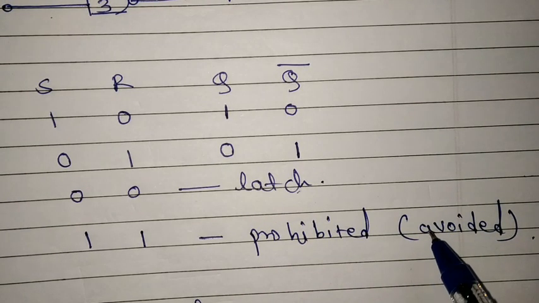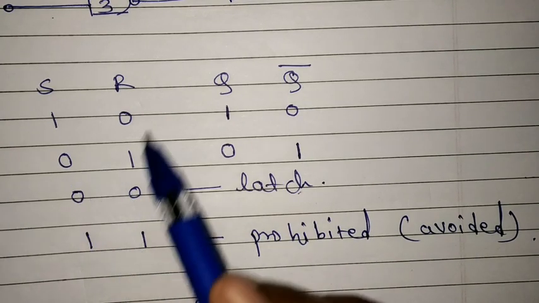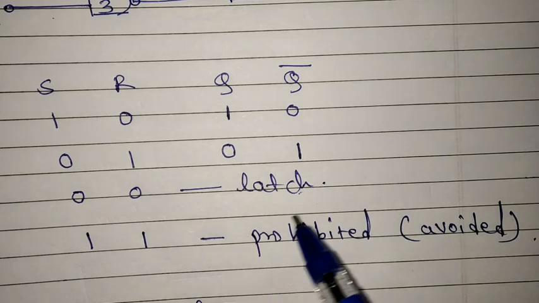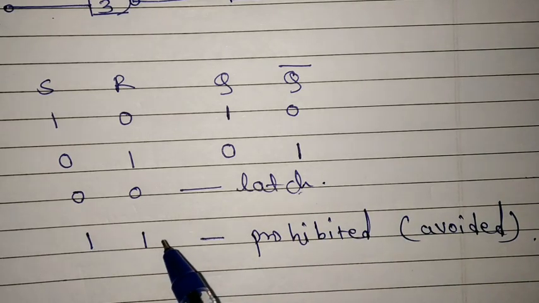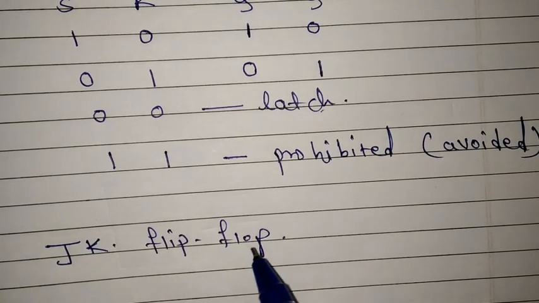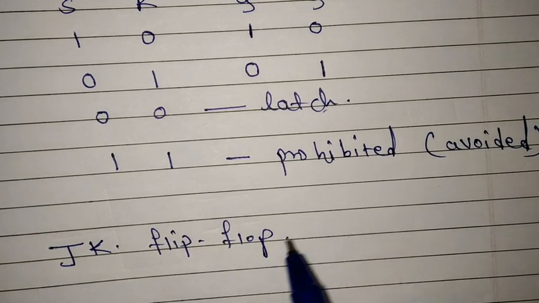So to avoid the condition S is 1, R is 1, where we cannot predict the output, the SR flip-flop is again modified, and from this the JK flip-flop was developed. So the JK flip-flop will be explained in the next part.